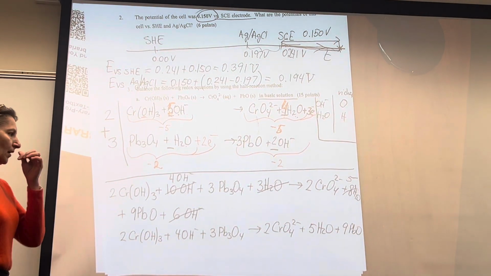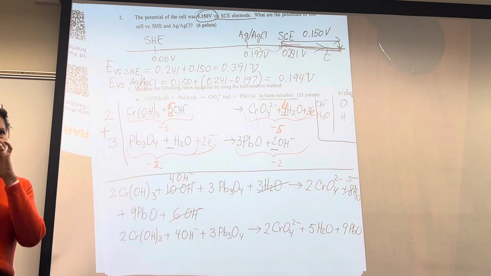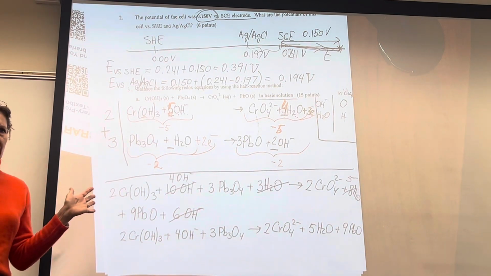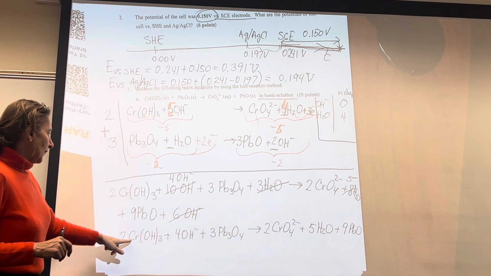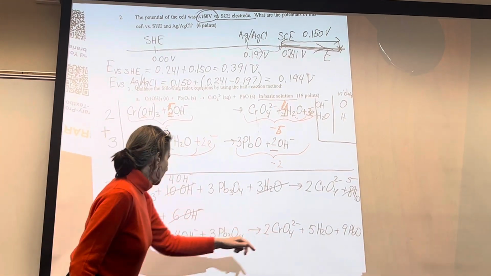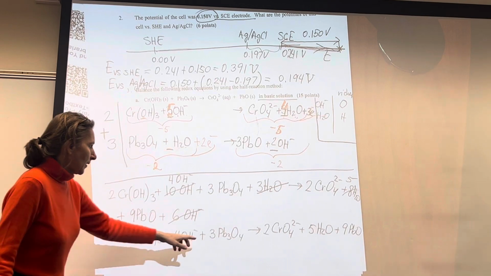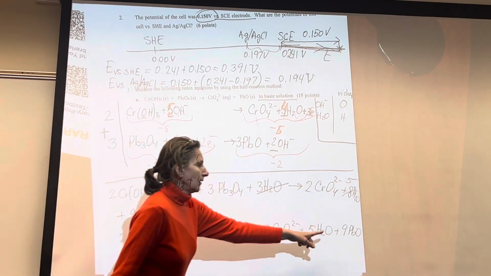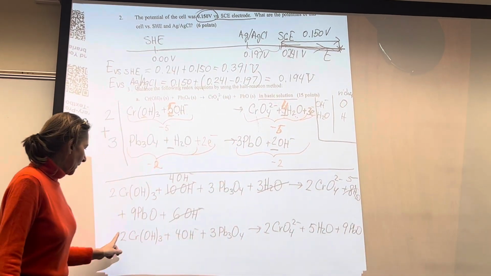Okay? Okay guys, I recommend you to check again for everything. For balancing elements and charge. So we have 2 chromium, 2 chromiums. We have, let's say, 9 leads, 9 leads. Oxygen.